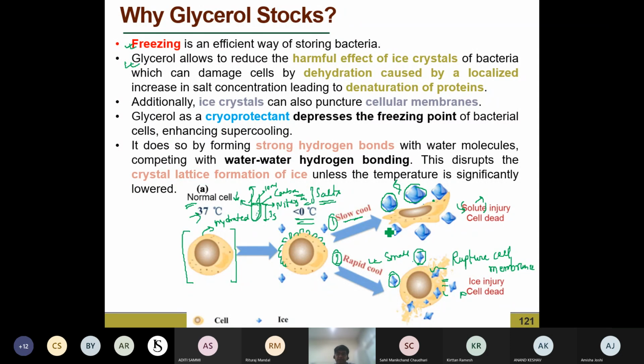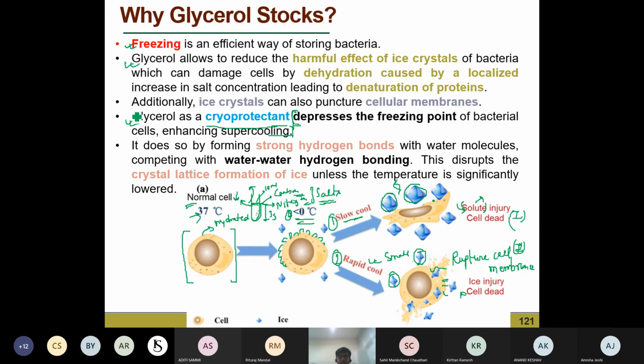To prevent both of these phenomena, we add, for example, glycerol, which acts as a cryoprotectant. What does a cryoprotectant mean? It depresses the freezing point of the bacterial cells, enhancing the supercooling. Glycerol and these types of compounds reduce the freezing point. Suppose the freezing point was earlier at 10 degrees.